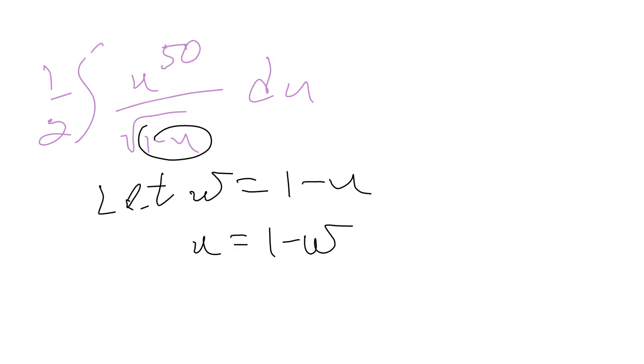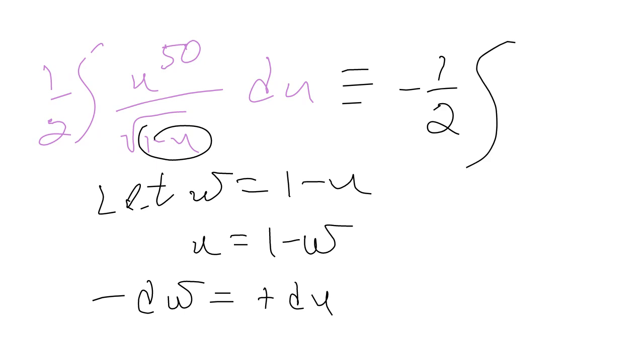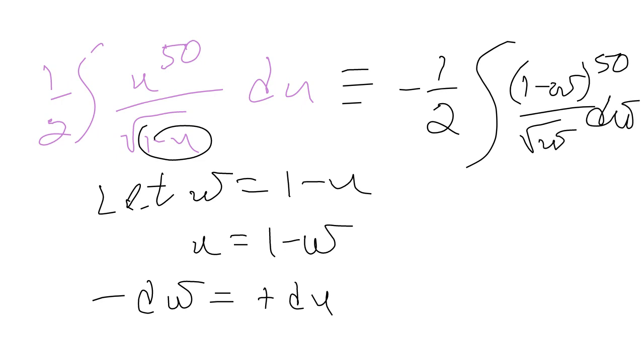dw is minus 1 du, or minus du. So minus dw is du. So this is equivalent to minus a half times the antiderivative of 1 minus w to the 50th power over the square root of w dw, and we could keep going that way.